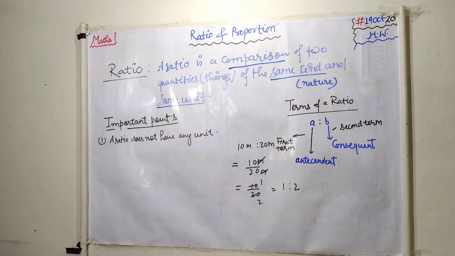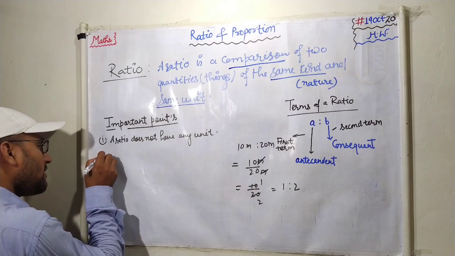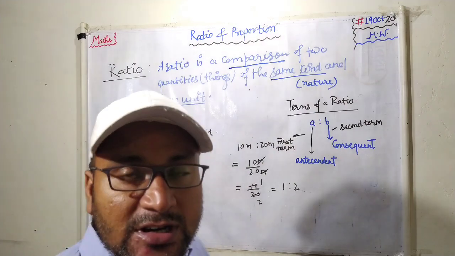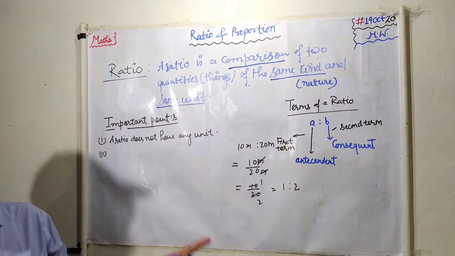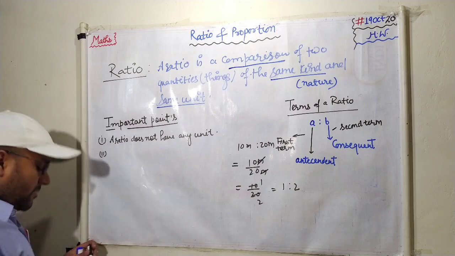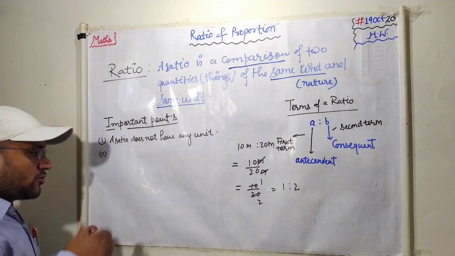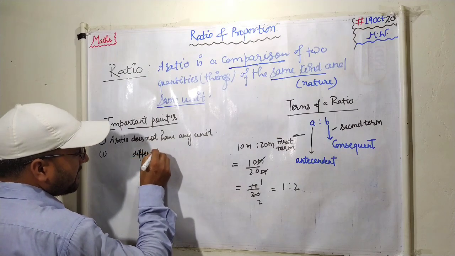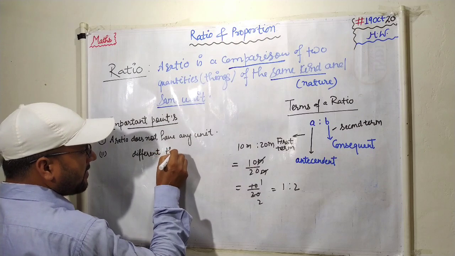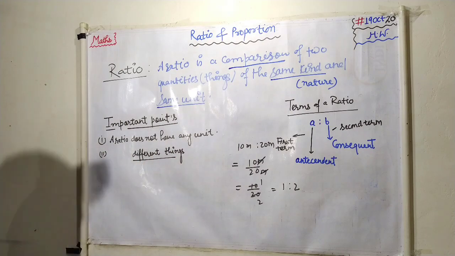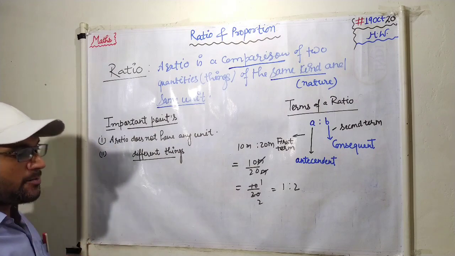Any problem, students? Now the second point. A ratio does not exist between two different quantities, of different nature. Suppose one is a pen, another is a book.